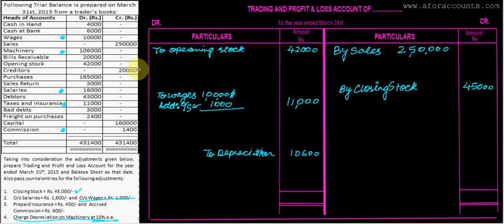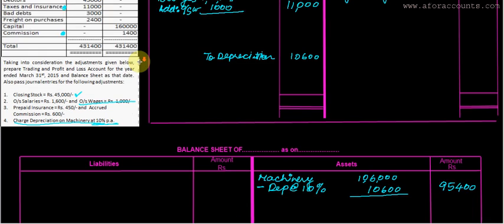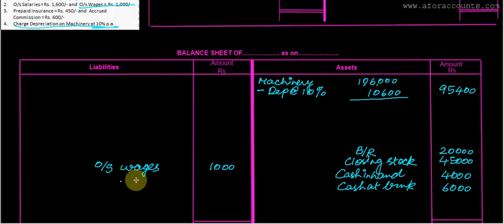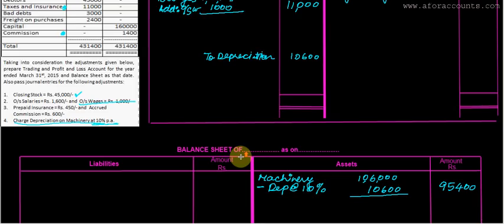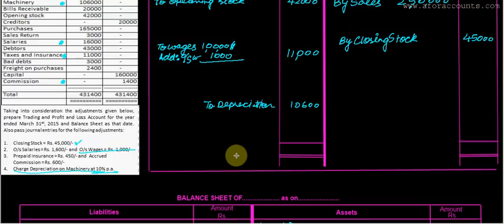Creditors 20,000. What are creditors for me? My current liabilities. So go to the balance sheet. Creditors by 20,000. Okay. Next item. Purchases 1,65,000.